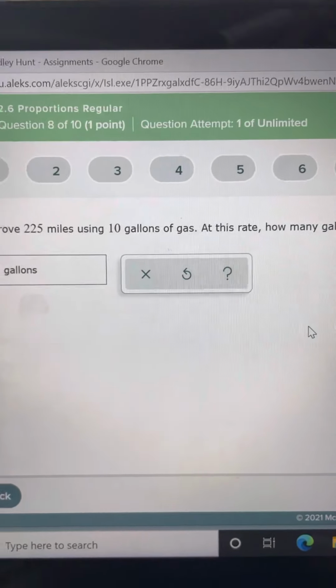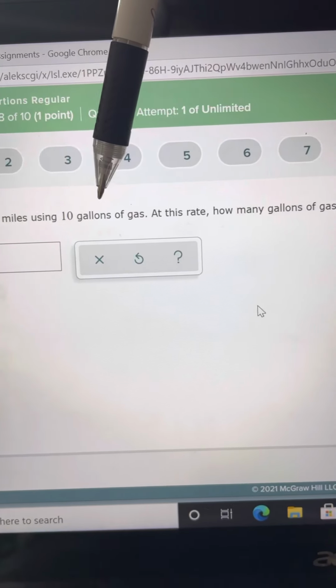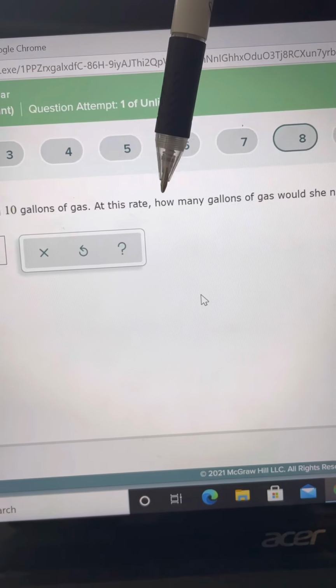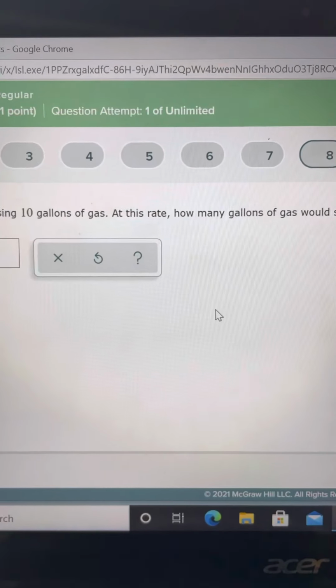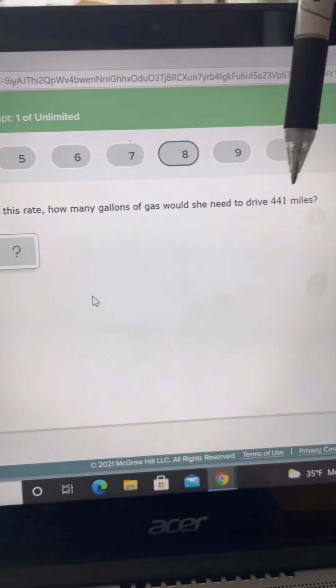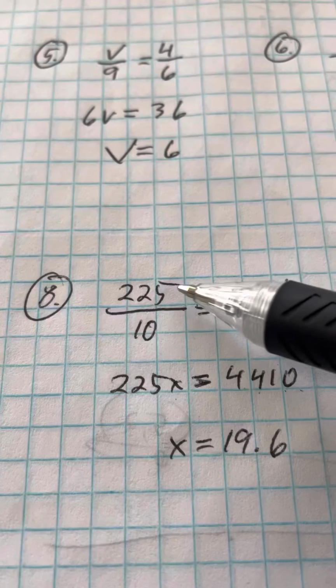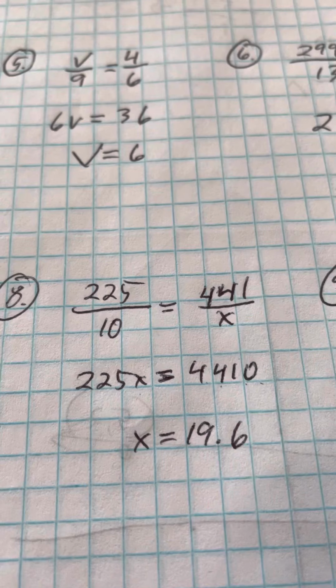Number 8. I have Jane drove 225 miles using 10 gallons of gas. At this rate, how many gallons of gas would she need to drive 441 miles? So I'm going to go miles to gallons, miles to gallons we don't know.